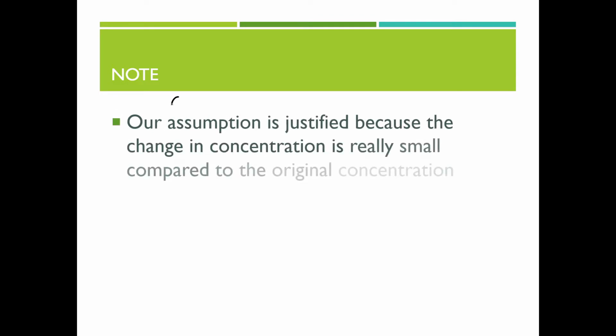Oh, but wait, I forgot. Note: our assumption is justified. Again, this is referring to the fact that in our equilibrium table, 0.5 minus X is approximately 0.5. This is justified because the change in concentration is really small compared to the original concentration.